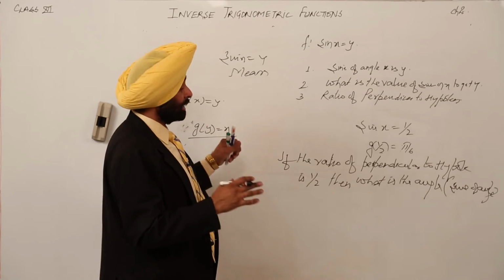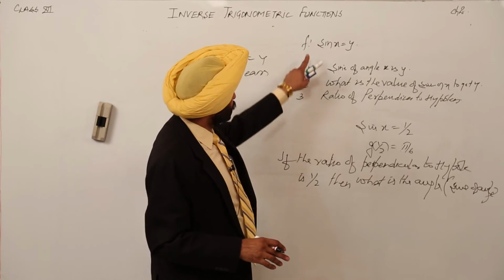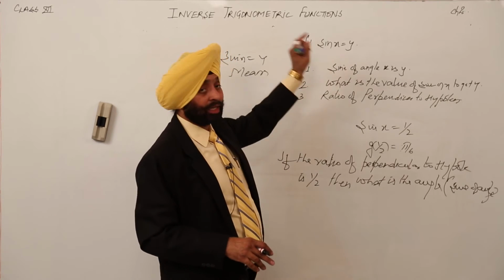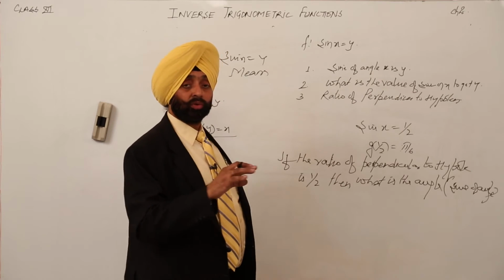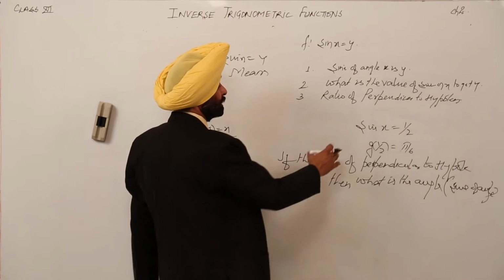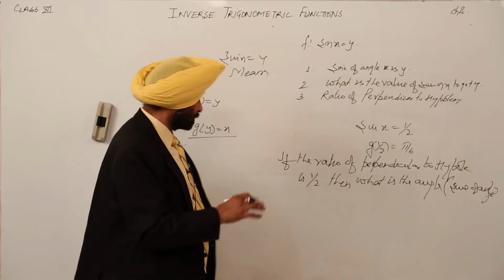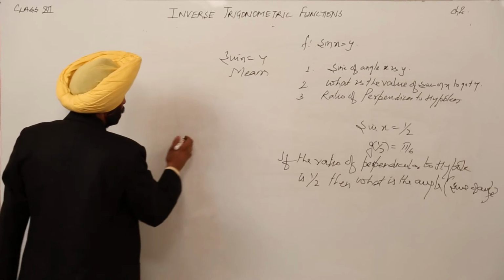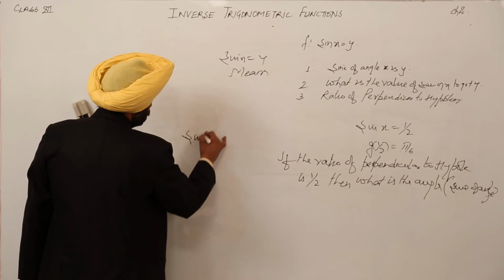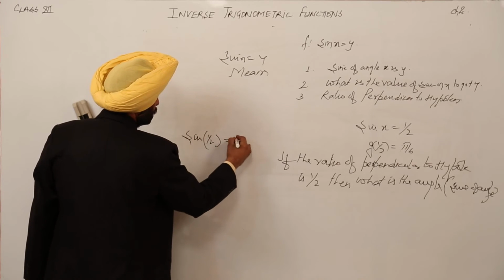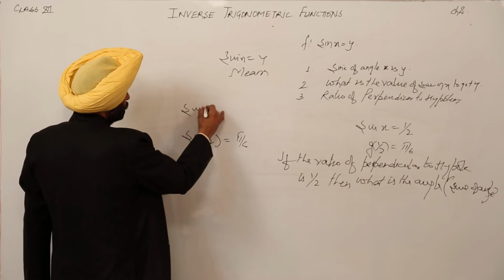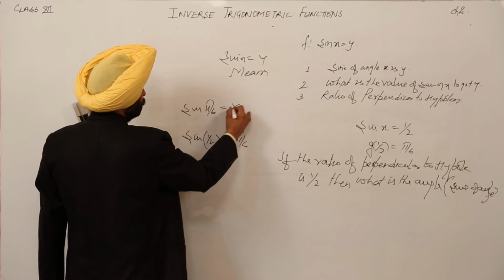Okay, so like this one, if f is a function from a to b, and we write sin x equal to y, then a function from b to a can be written as sin y is equal to x. So when we write sin 1 by 2 is equal to pi by 6, earlier we wrote sin pi by 6 is equal to 1 by 2.